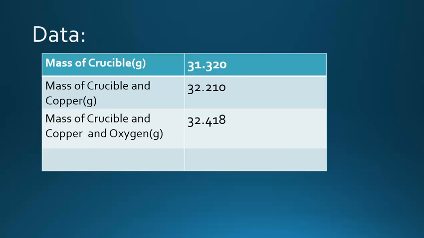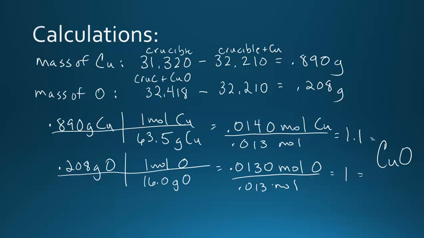He now had enough data to solve the mystery. How? Well, he was able to find the mass of the copper by simply subtracting the crucible from the crucible and copper.